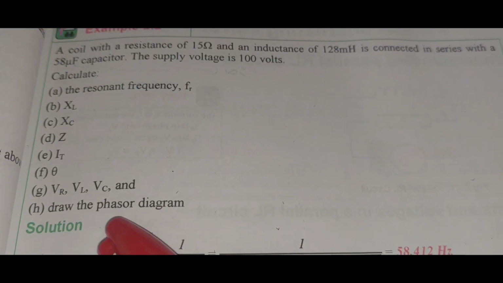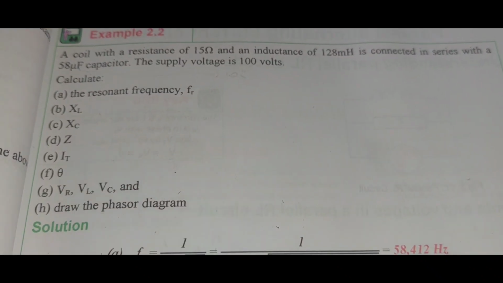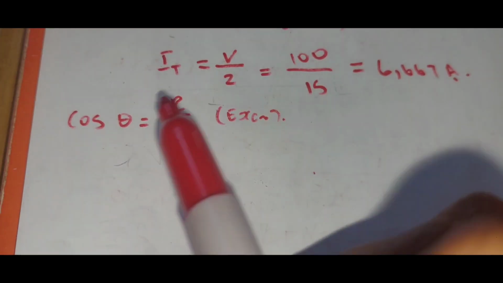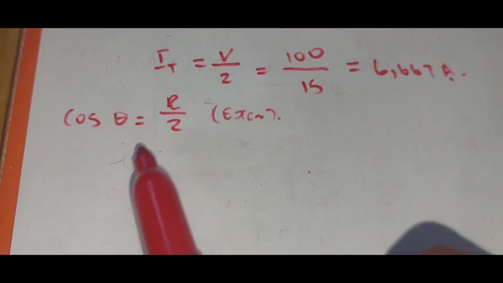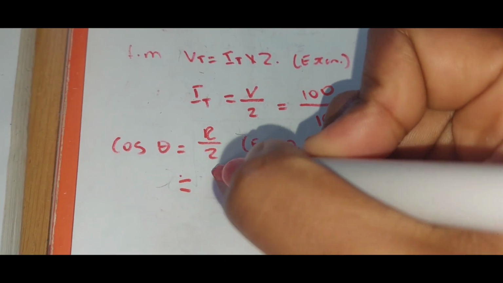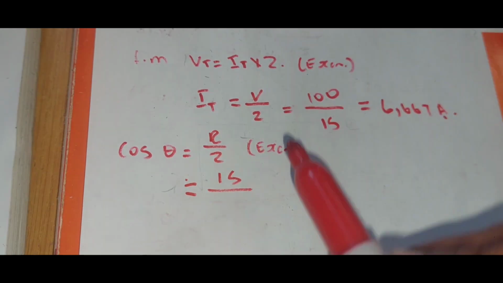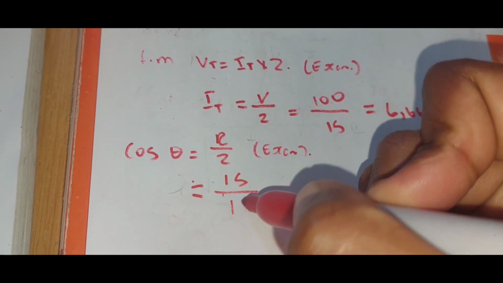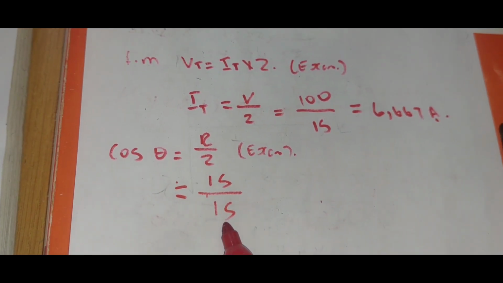And now we're going to be looking for the angle, which will be given in your exams. That is the formula. The formula will be given in your exams. We got 15, and the impedance, we got it to be 15.